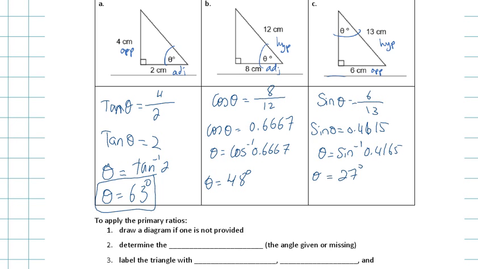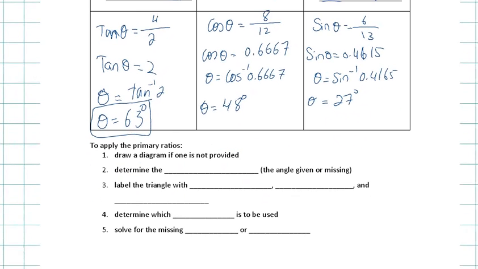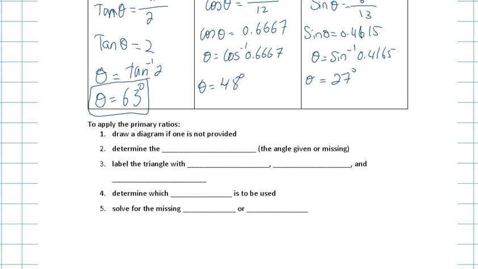So, when I'm solving a word problem, it's the same idea. First you're going to have to draw a triangle if the picture is not given to you. Then you're going to determine the angle of focus. This is very important, to locate your angle of focus first, because you need to know which angle is given to you or which angle you're looking for.